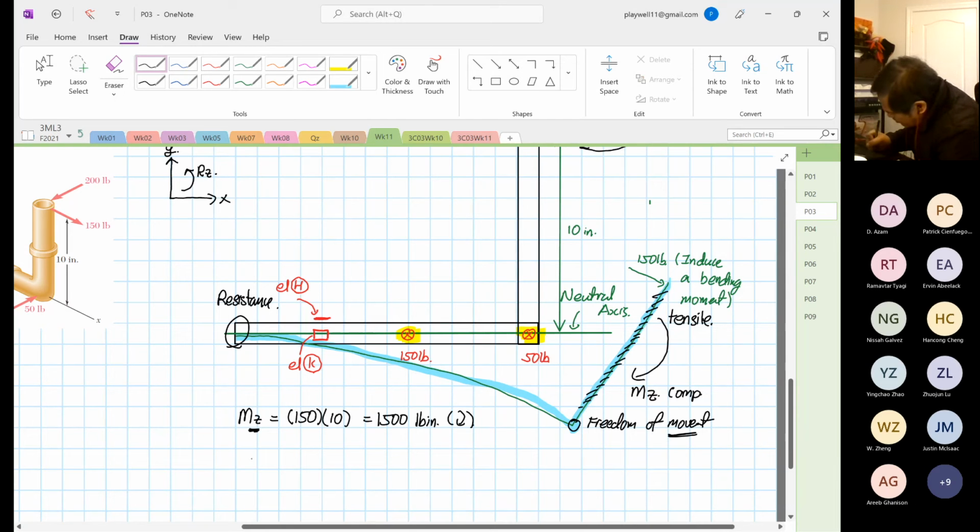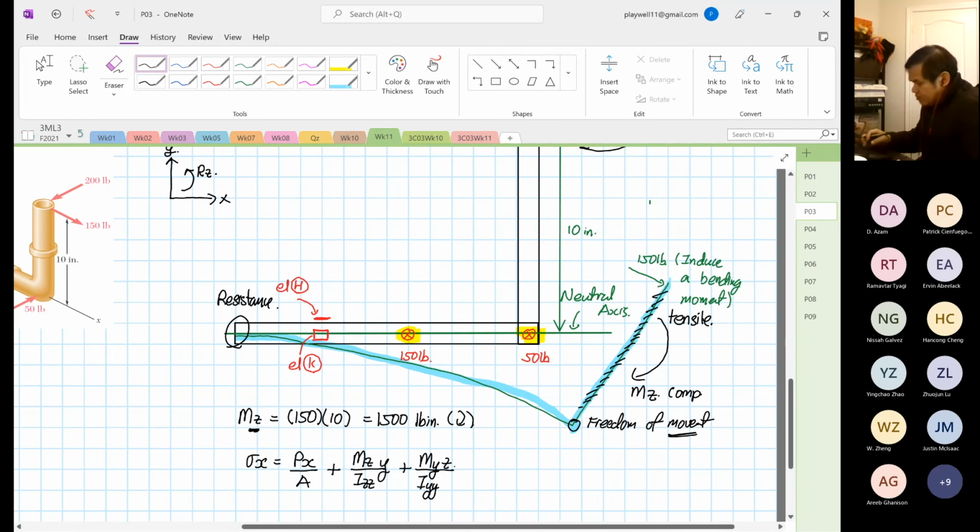Why? Because now you can apply stress in X. Stress X has components: the axial term, plus Mz over Izz multiplied by y, plus My over Iyy multiplied by z.